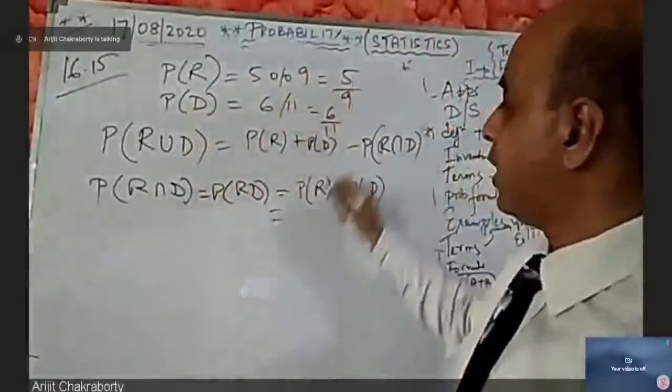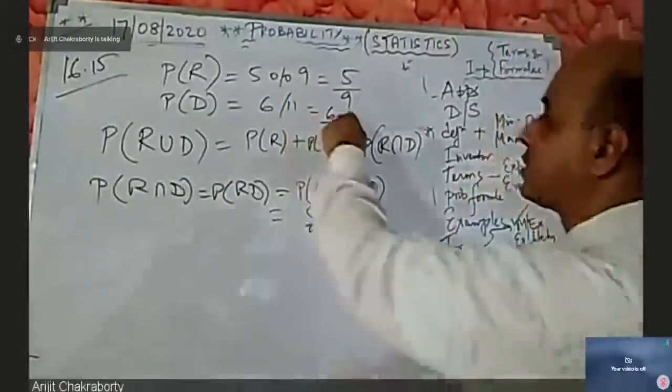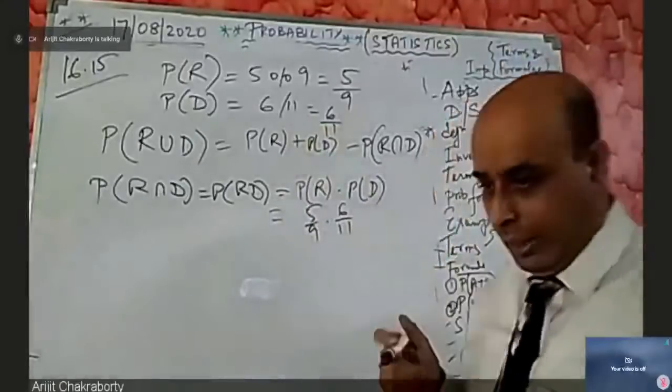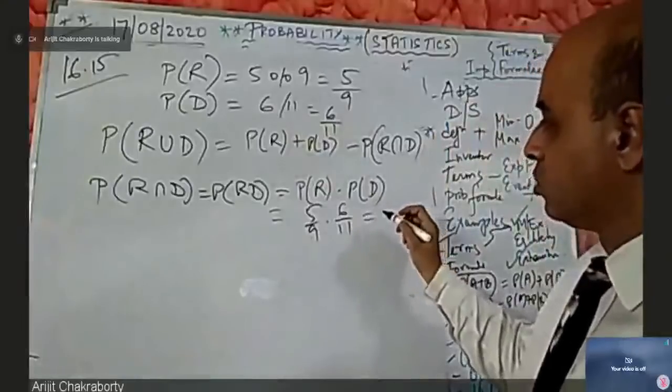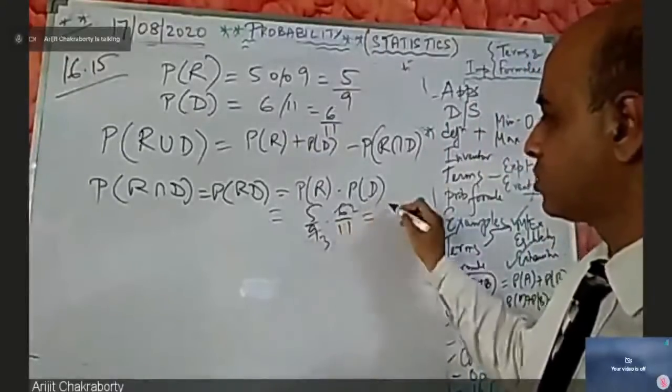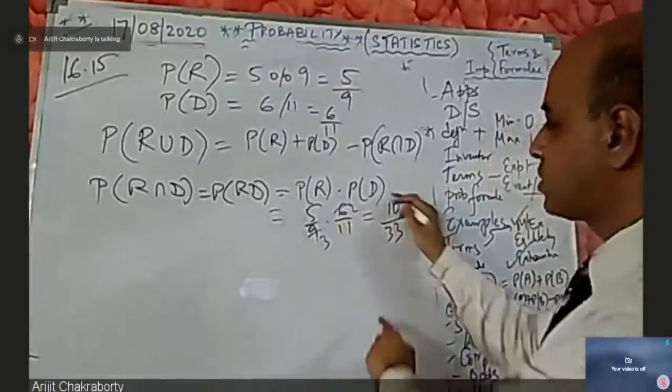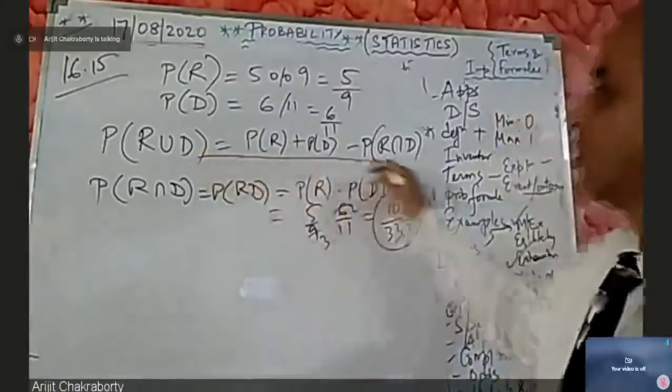So P(R) is 5 by 9 and P(D) is 6 by 11. So 5 by 9 into 6 by 11. This is coming to 10 by 33. Now we put this value in the formula.